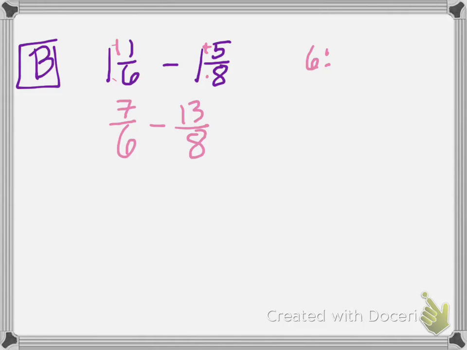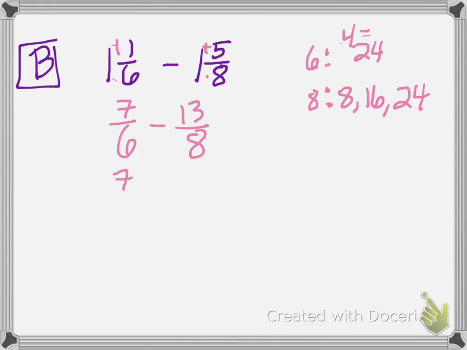Okay, so I can make a list. If you remember from last year, we started with the bigger number first. So it goes 8, then 16. That's not a multiple of 6. 8 times 3 is 24. 24 is a multiple of 6. And 6 times 4 gets me my 24.